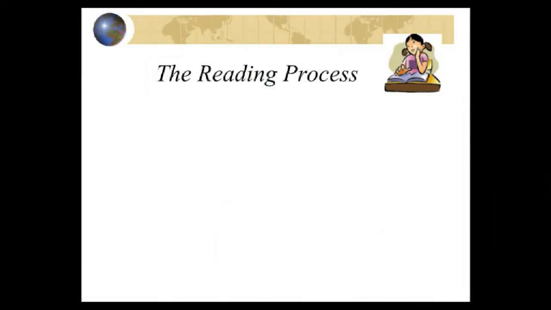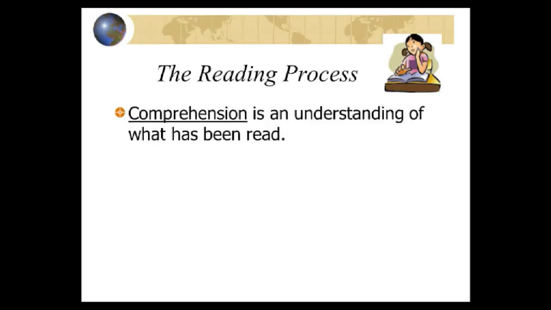So the first thing that you need to know is the reading process. The reading process is how we start the context clues, because you need to know several things about the reading process. But the first thing that you need to understand is what comprehension is. And most people could give me a definition of what comprehension is, but I always like to give the textbook definition so that everybody is on the same page.